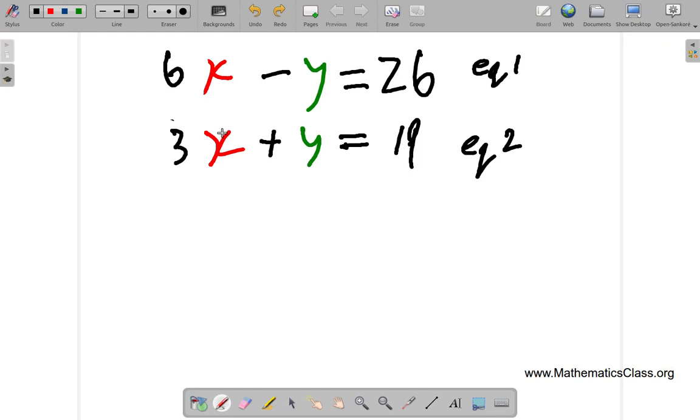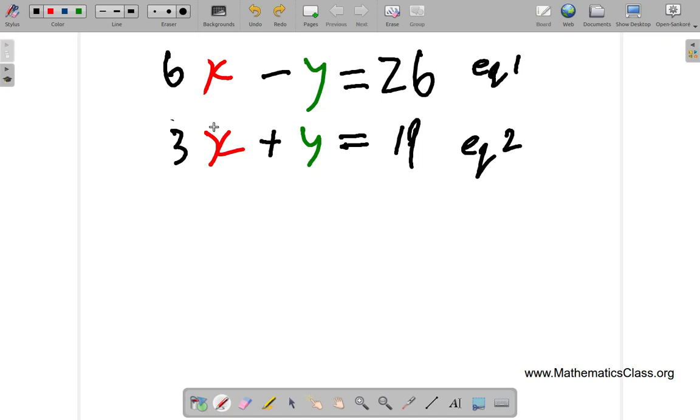Alright, now first thing, we want to either add or subtract the equations to see if we can eliminate anything. We could actually do the adding and subtracting, but we could also look and see if it would work outright.